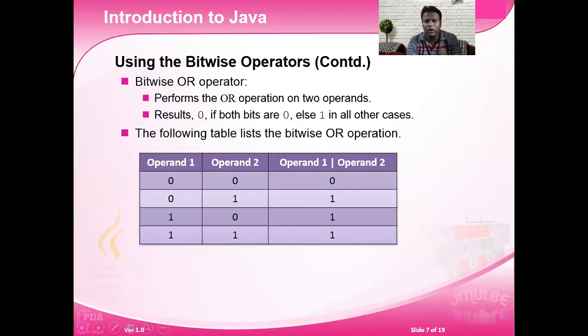Bitwise OR operator performs the OR operation on the 2 operands. So here, if you are using 0 0, it returns you 0, 0 1 returns you 1, 1 and 0 returns you 1, 1 and 1 returns you 1. Means false, false returns you false, false, true returns you true, true, false returns you true, true, true returns you true.